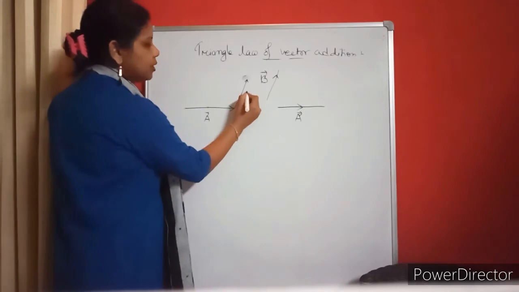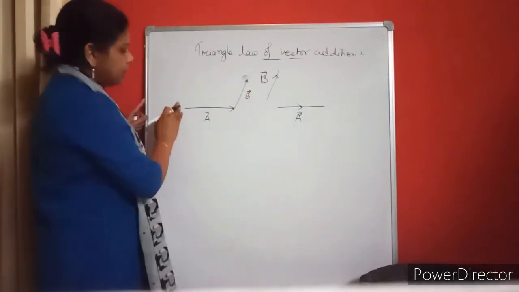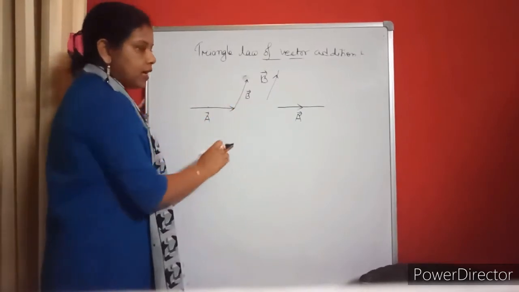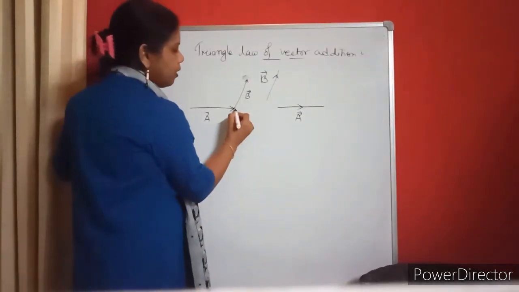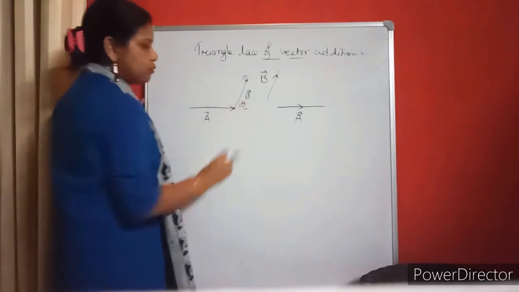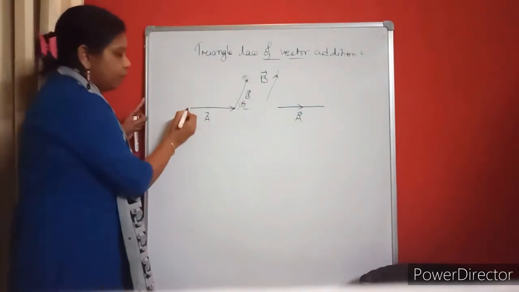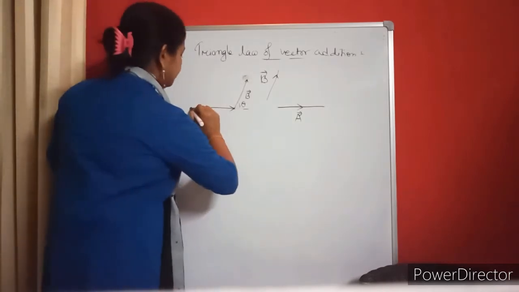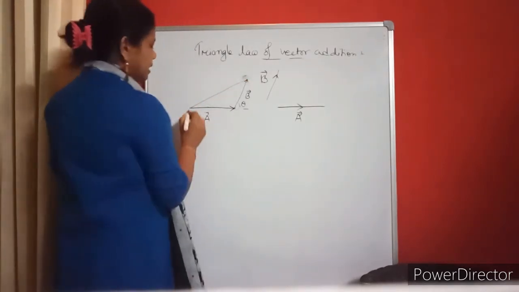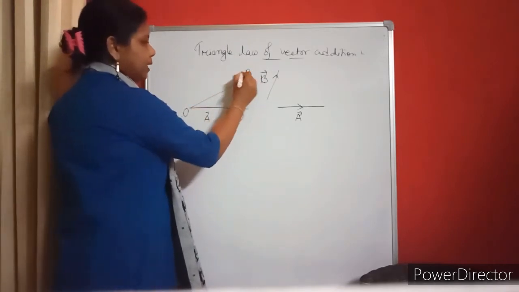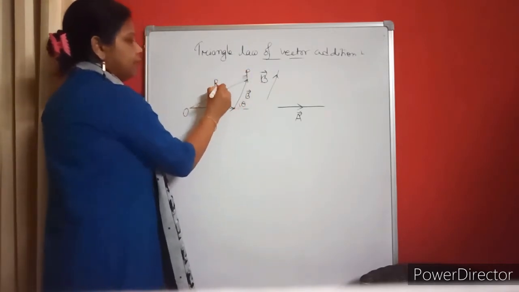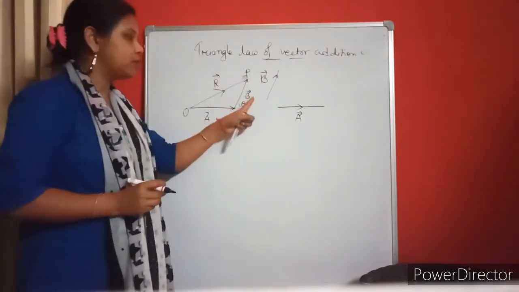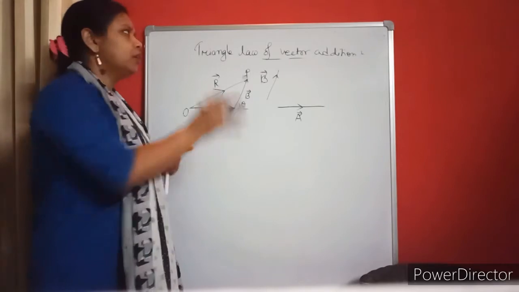So this is my vector B. Then, according to the triangle law of vector addition, the angle between them is theta. From the tail to this head, if I join, suppose I write this as O and this as P, then OP will be the resultant of the two vector quantities A and B. This is the rule.